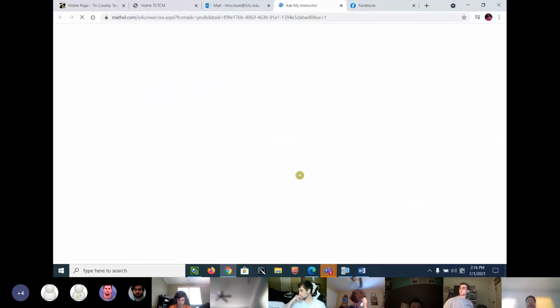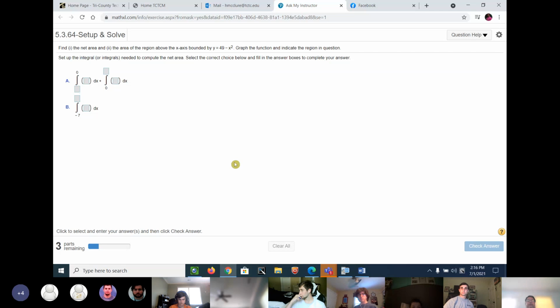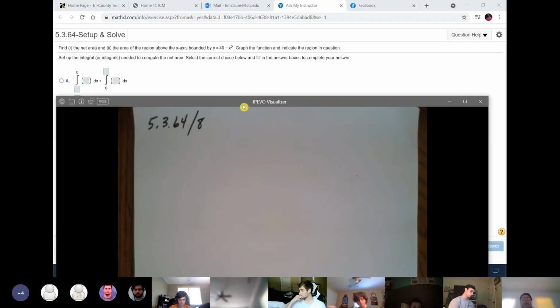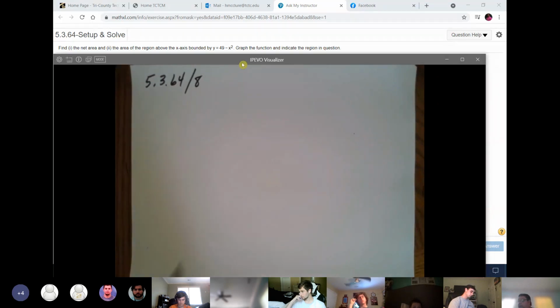There's the function. Y is equal to negative x squared plus 49, because nobody ever writes it like that.